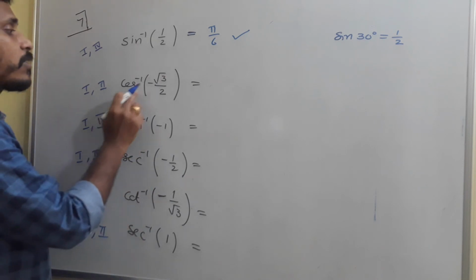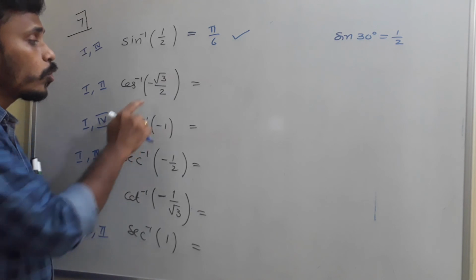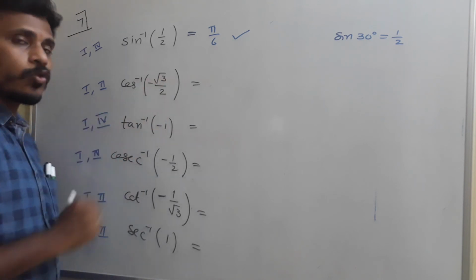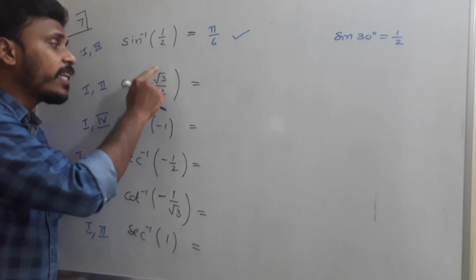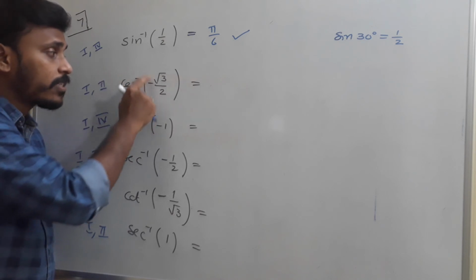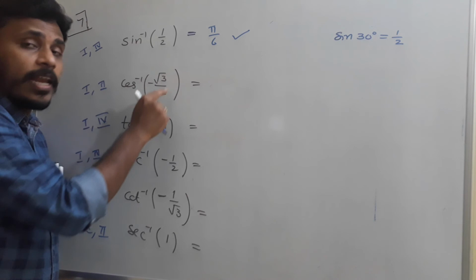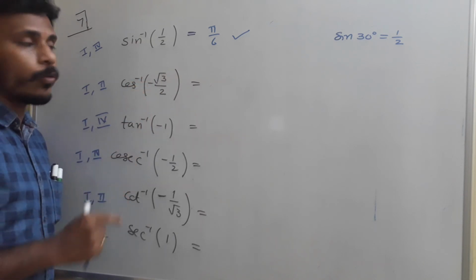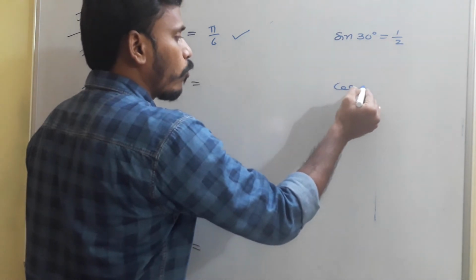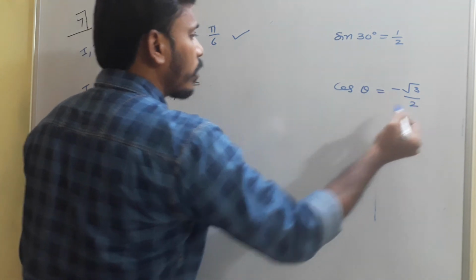And then cos inverse of minus root 3 by 2. We need to search for an angle whose cosine is minus root 3 by 2. Suppose we consider cos theta equals minus root 3 by 2.